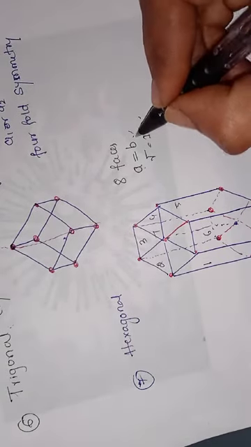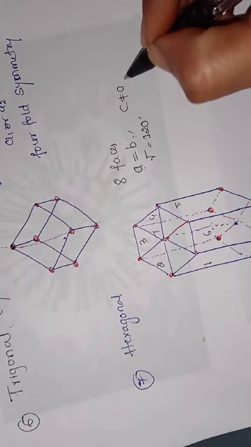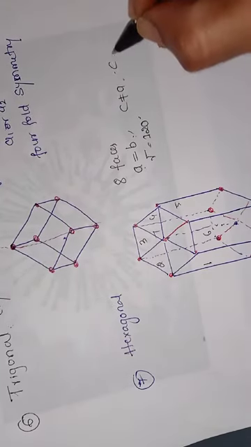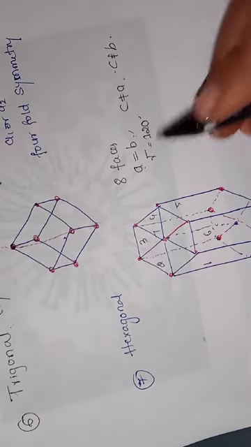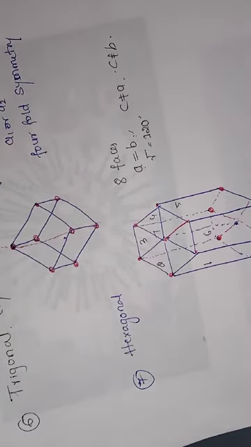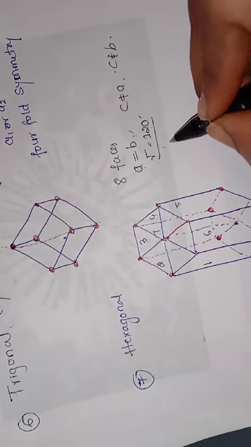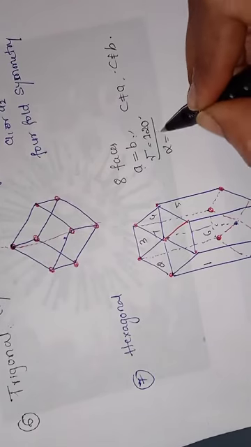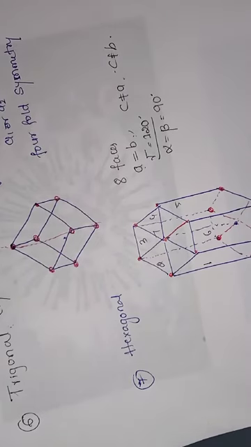Here if A is equal to B, then C is not equal to A or B. Only 2 axes are equal. The angle gamma to the equilateral axes is 120 degrees, and alpha equals beta, which are equal to 90 degrees. This is the hexagonal system.